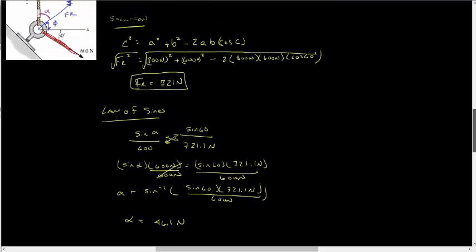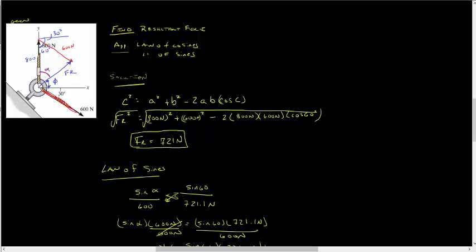Now note, alpha then is 46.1 degrees, but I am actually looking for phi here. I want to know the direction from the positive x-axis. So phi is going to equal 90 degrees minus alpha. If I plug in my answer for alpha, which was 46.1 degrees, I get phi of 43.9 degrees.